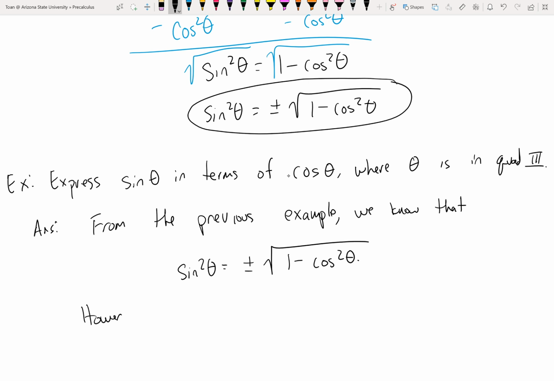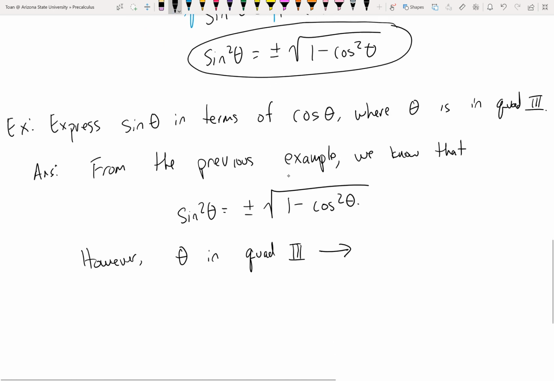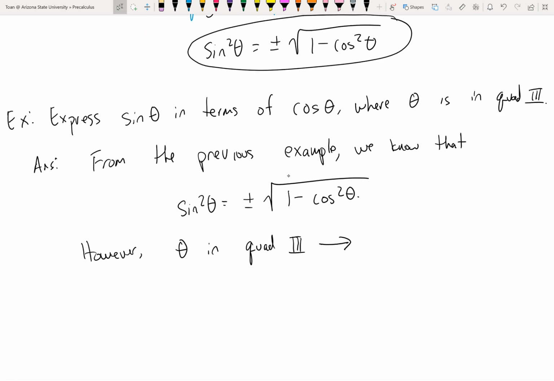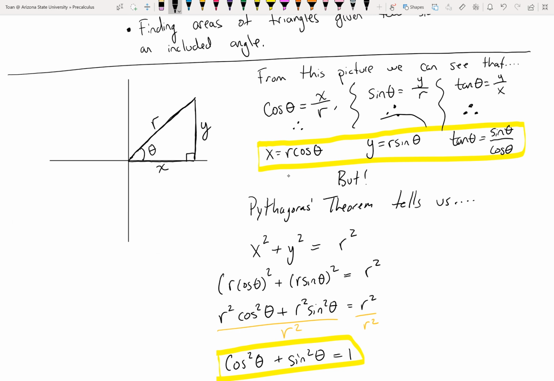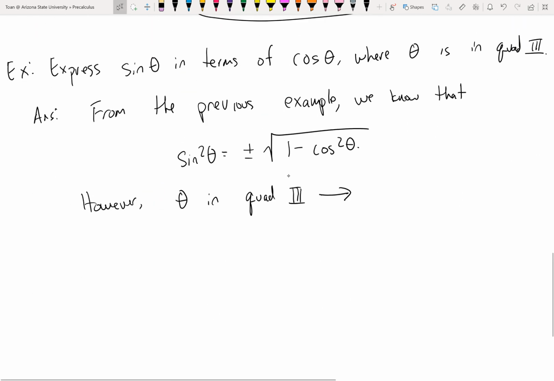However, theta in quadrant 3 tells us that we have to consider what sine is. So you have to remember from unit 5, or remember our earlier diagram here, sine relates to the y values, and we are in quadrant 3. So we need to remember that sine is negative in quadrant 3.